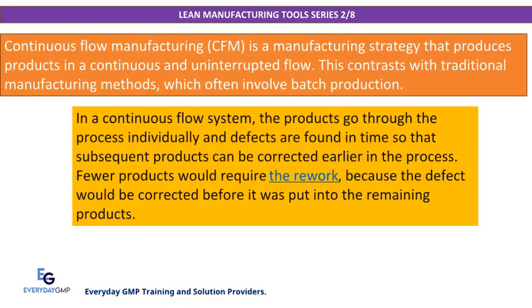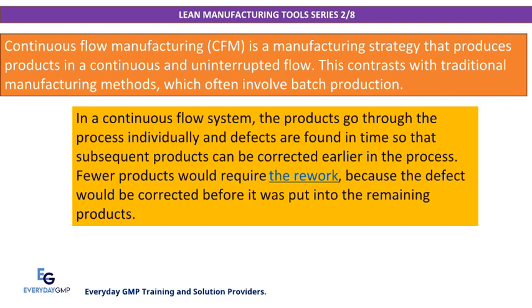Continuous flow manufacturing, CFM, is a manufacturing strategy that produces products in a continuous and uninterrupted flow. This is in contrast to traditional manufacturing methods, which often involve batch production. In a continuous flow system, the products go through the process individually and defects are found in time so that subsequent products can be corrected earlier in the process.